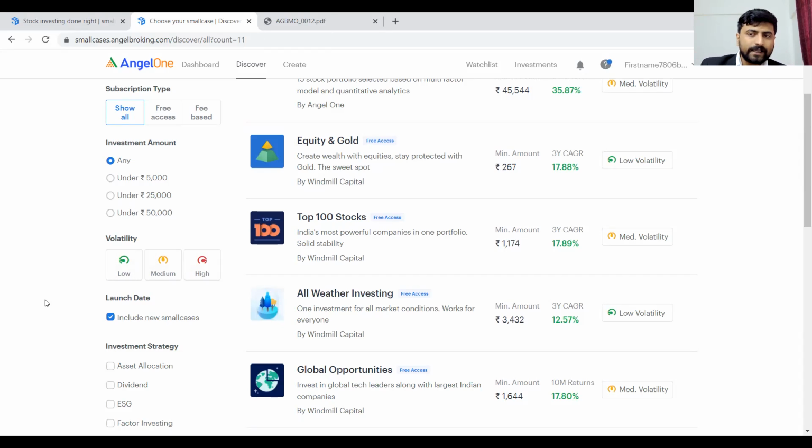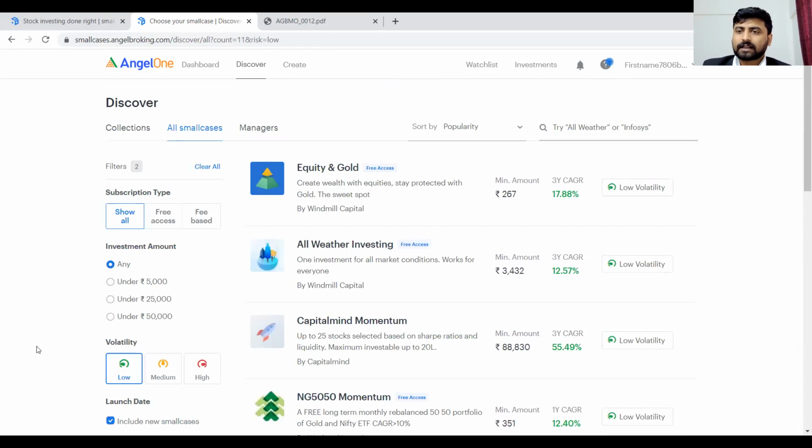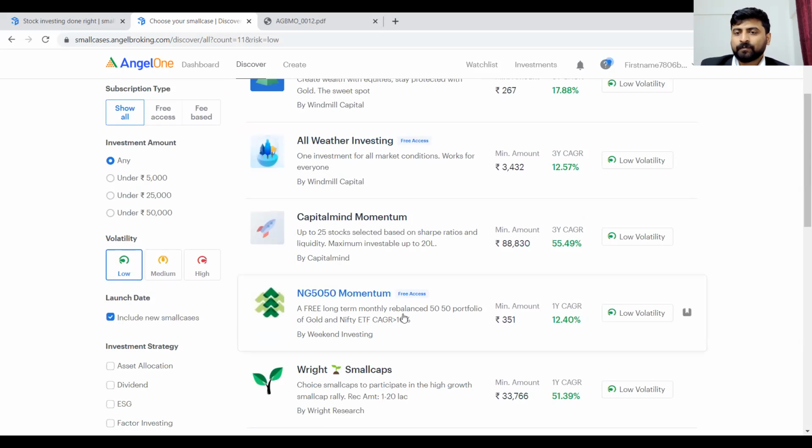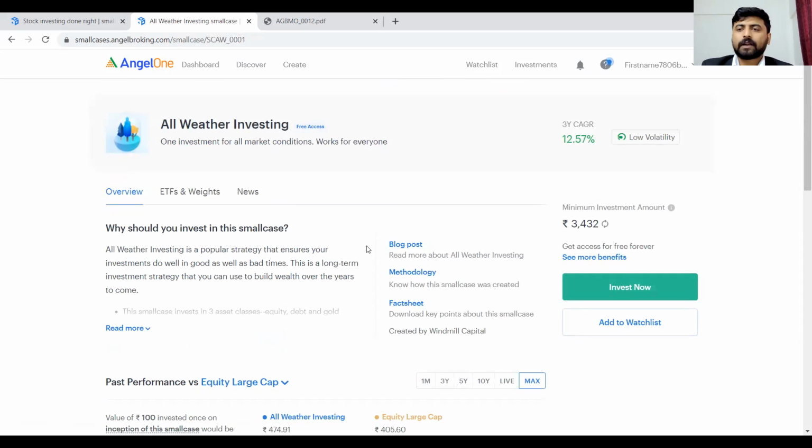If you wish to see only small cases which have a very stable performance during different market conditions, or if the volatility has been categorized as low, then click on low volatility over here. What this does is it opens up and shows you those small cases where the volatility levels are very low. So let us take a look at all-weather investing, for example, one low volatility small case.